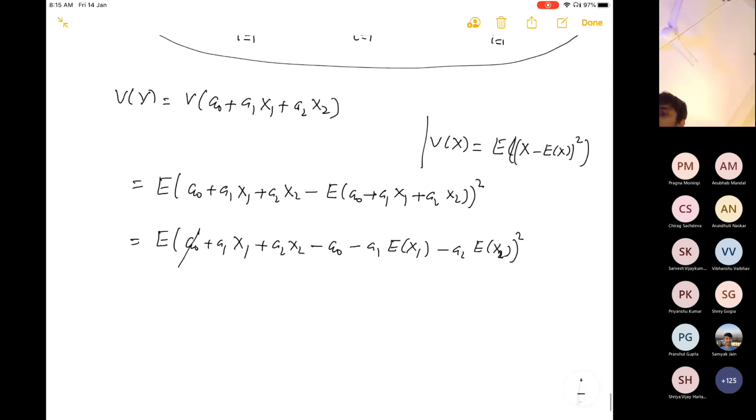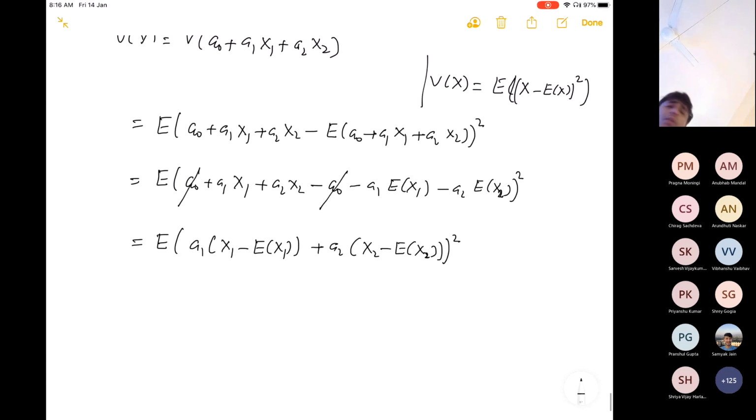So a naught will cancel out. Therefore this will be the expectation of a1 times x1 minus expected value of x1, plus a2 times x2 minus expected value of x2, whole square.